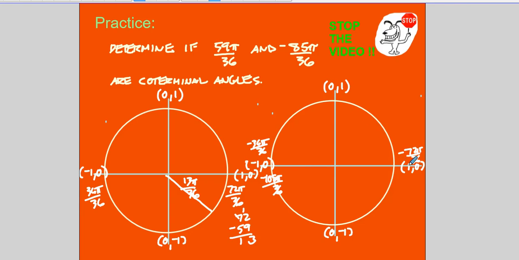So I'm at 72 pi. I need to get to 85 negative. So I need to go another 13 because 72 plus 13 is 85. So the reference angle is 13 pi over 36. Notice the terminal angles are the same, so these angles are coterminal.